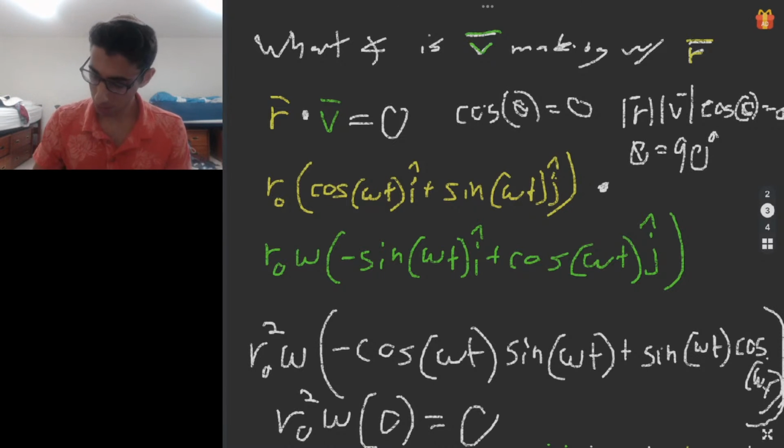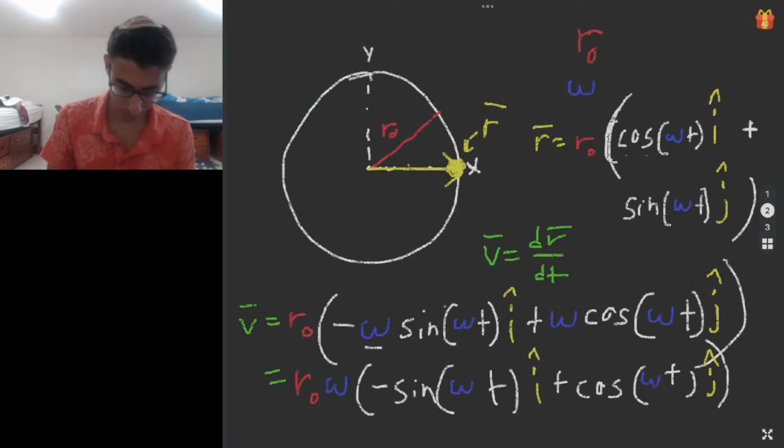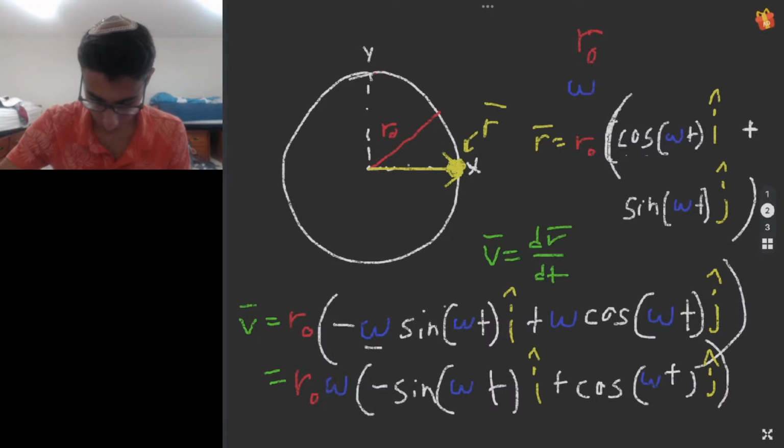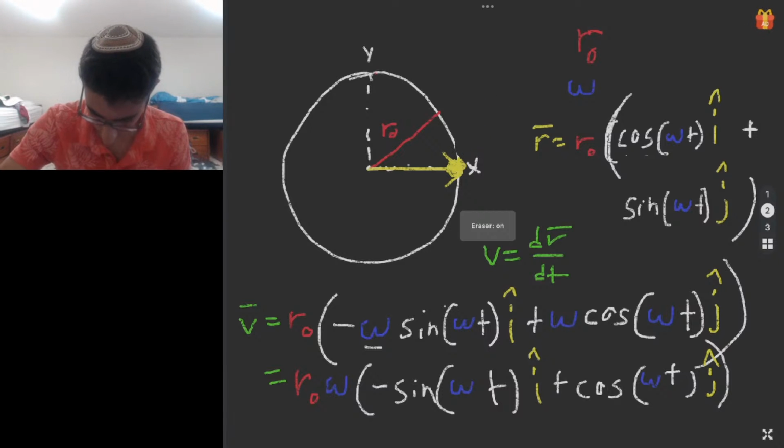Which means that we can go back over here to our circle drawing, and we can actually draw what velocity may look like. Velocity will be perpendicular to position. So, you know what, I'm going to erase this, and I'm going to put it over here. Right, that looks a little bit clearer, I think.